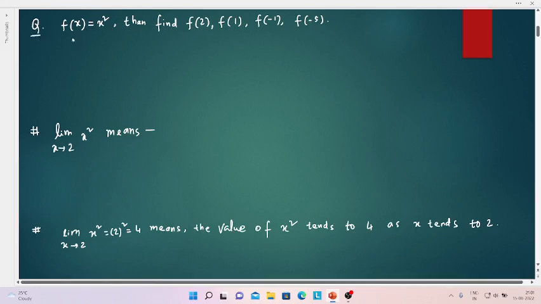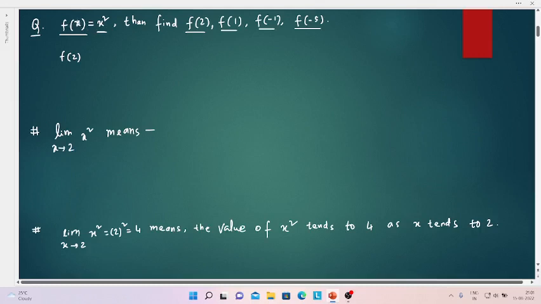So the question is, suppose you have a function f(x) which is equal to x square, then find the value of f(2), f(1), f(-1), and f(-5). So can you find the value of f(2), right? Here the function is given to you, which is f(x) equals x square, right?